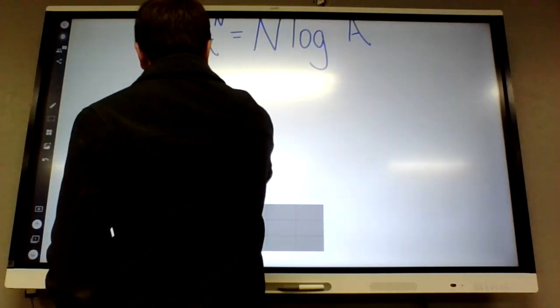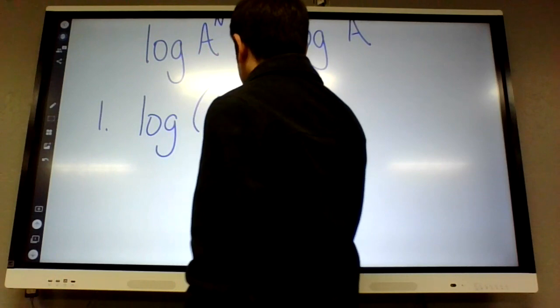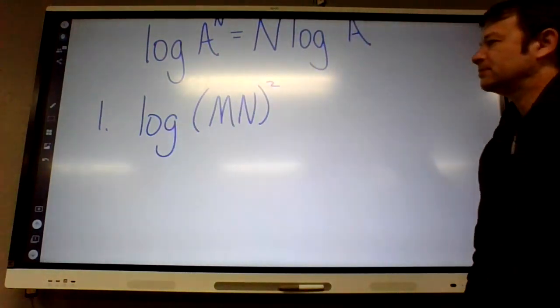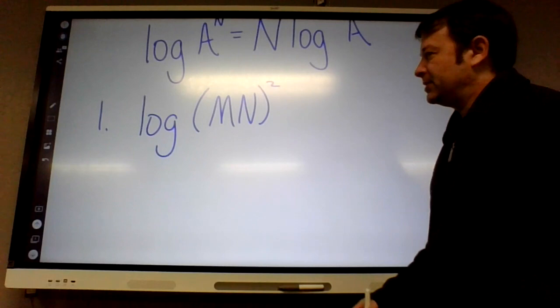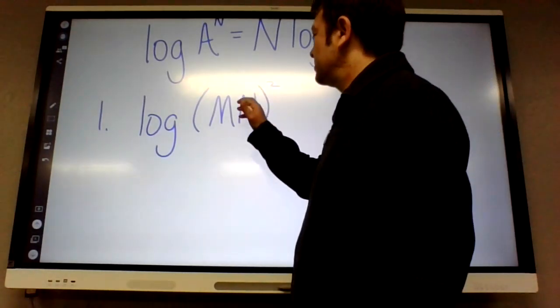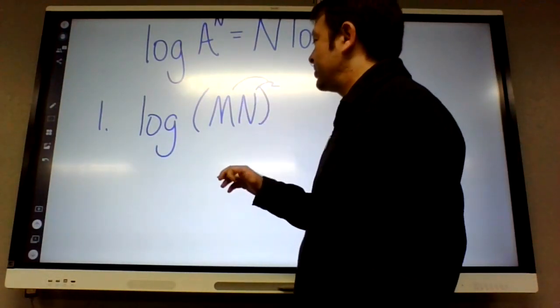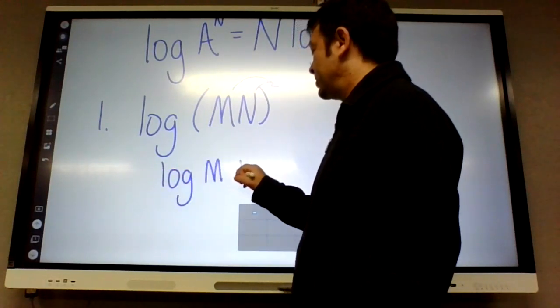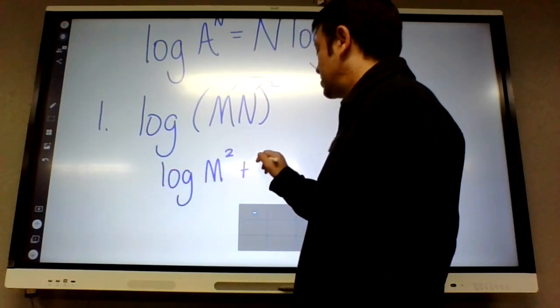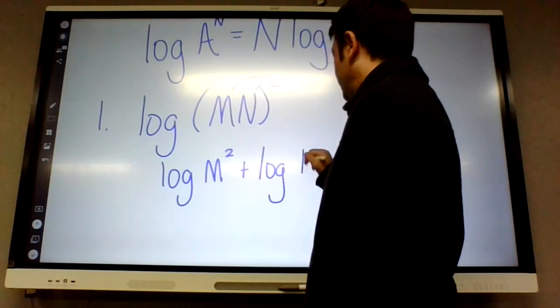So number 1, log m squared n squared. The square is on both of those. So it's log m squared plus log n squared.